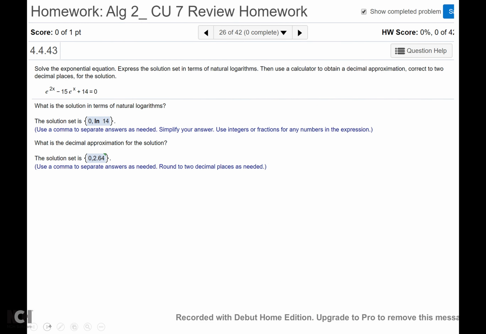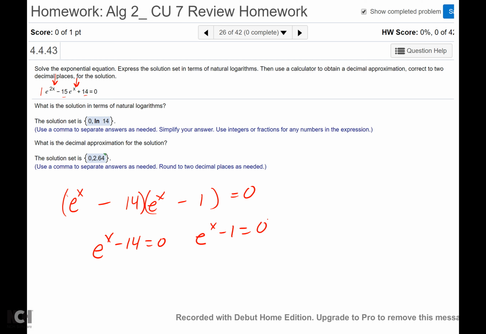Alright, this is the one where this exponent is half of this exponent, so I can use quadratic techniques. I'm going to try and factor because A is 1, B is 15, C is 14. Instead of putting x in there, I put e to the x, and the factors of 14 that make 15 are 14 and 1. C is positive, so they both get the middle. So now when I solve this, I have e to the x minus 14 equals 0, and e to the x minus 1 equals 0.